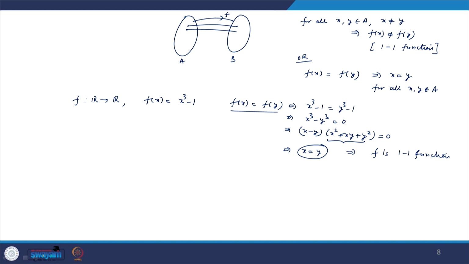Next is many to one function. So, for many to one function you have, if there exists x and y in A for a function f such that two different points in A or elements in A have same image in B, then it is called many to one function, 2 or more than 2 in A. Okay.